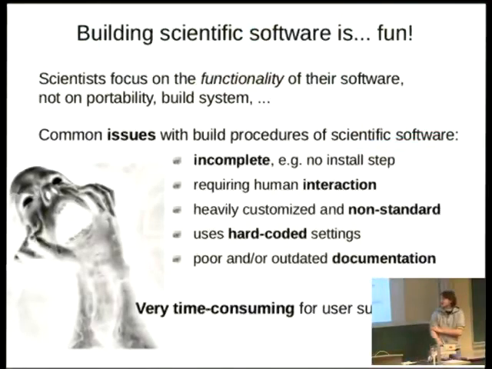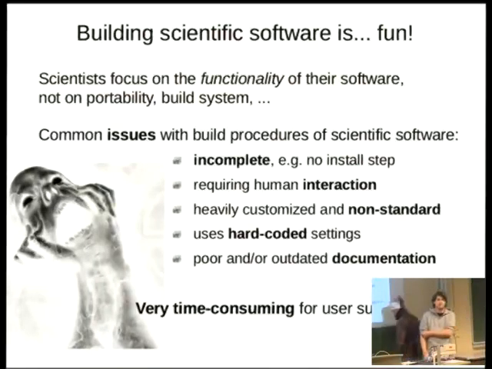As in the previous talk, Aaron explained, building scientific software is really fun for us. Very good documentation. Everything works flawlessly, of course. No, not the case. As he said, it's written by people who need it to work for themselves. They use hard-coded settings, like paths that are all hard-coded.